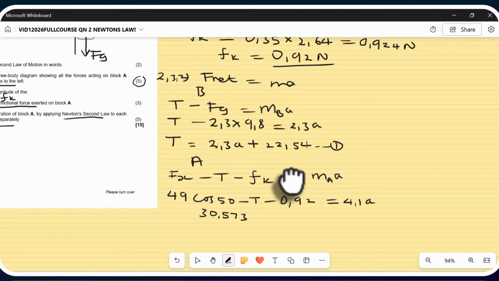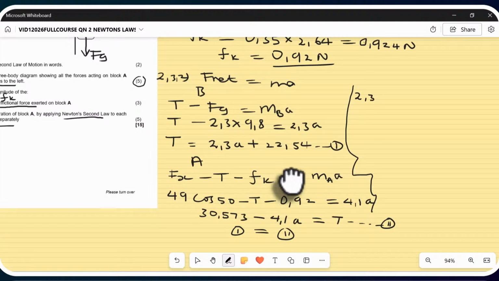For that matter, I'm going to have 2.3a plus 22.54 should be equal to 30.573 minus 4.1a.